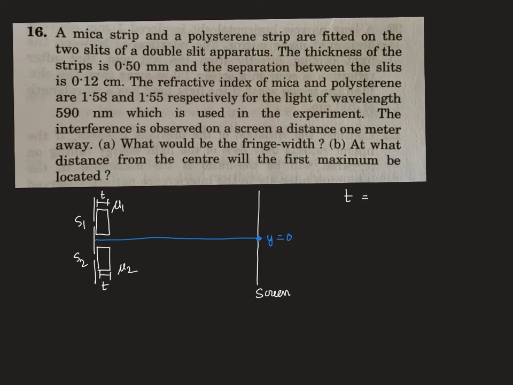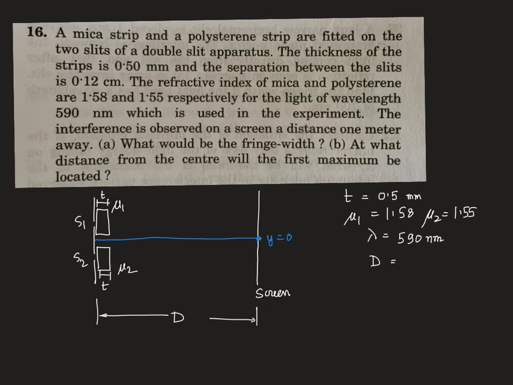So t is equal to 0.5 millimeter, and mu1 is equal to 1.58 and mu2 is equal to 1.55, and wavelength of light lambda is equal to 590 nanometer, and the interference is observed at the screen at a distance. This distance capital D is given as 1 meter.